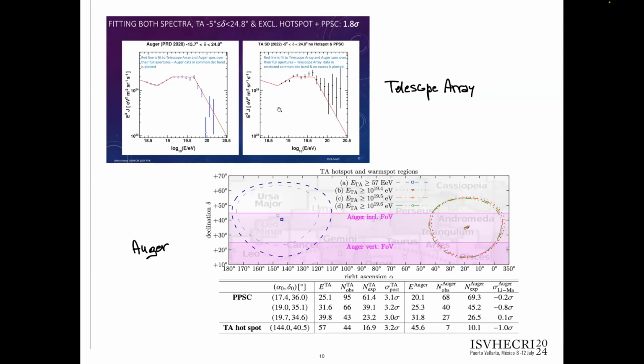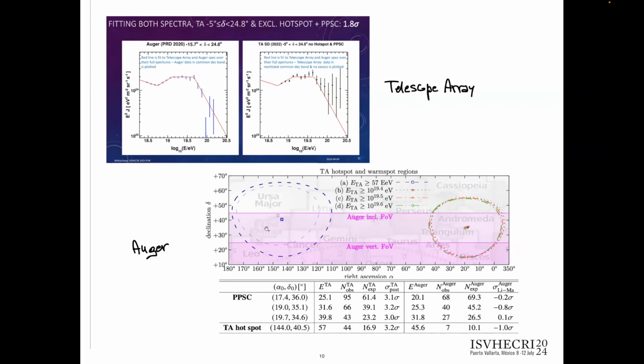And here on the right, you see what happens if you plot the points of Telescope Array, but subtracting what they see as excesses in the hotspot and in the excess which they call the Perseus-Pisces excess. This has been obtained with different cuts on the spectrum compared to the cuts that were applied to the spectrum of Telescope Array that I showed before. And as I showed this morning, we have a different conclusion on this for the moment.